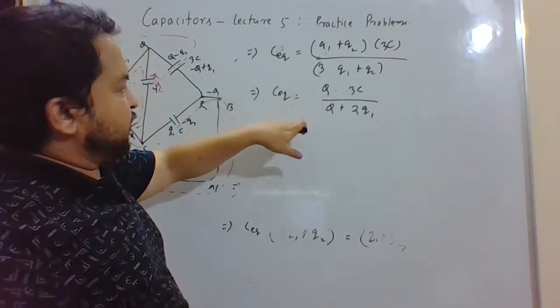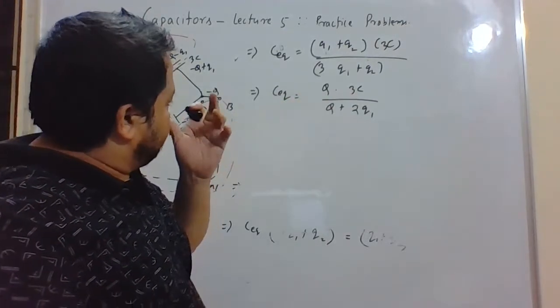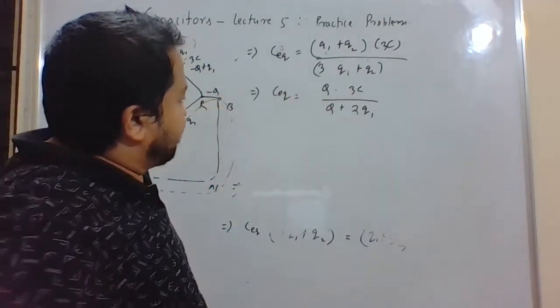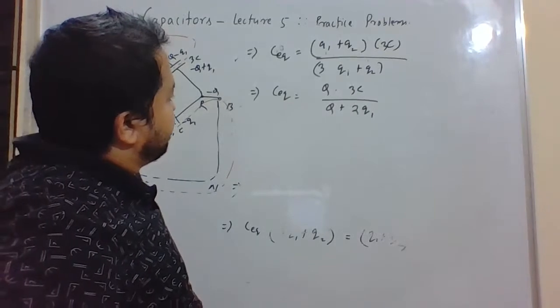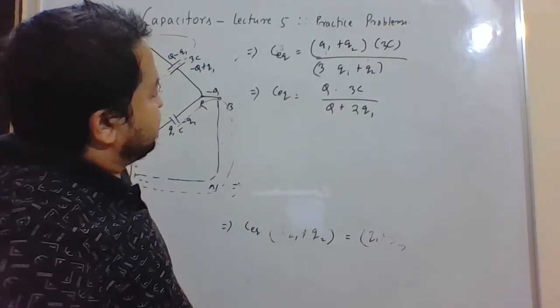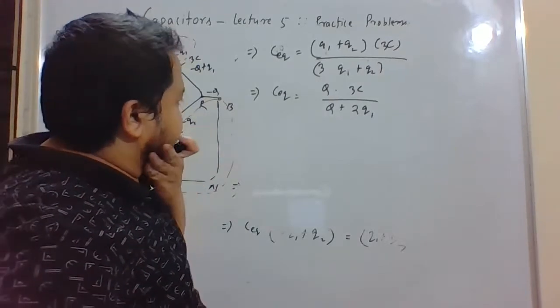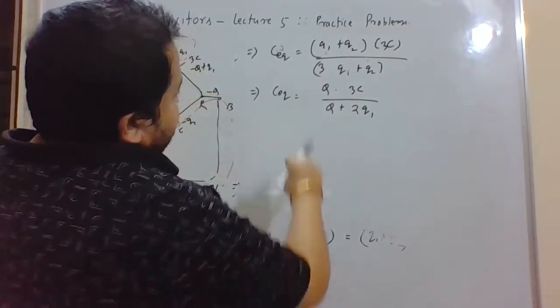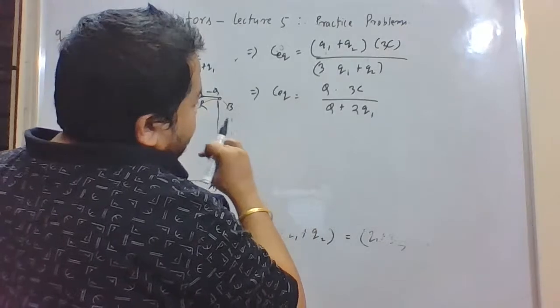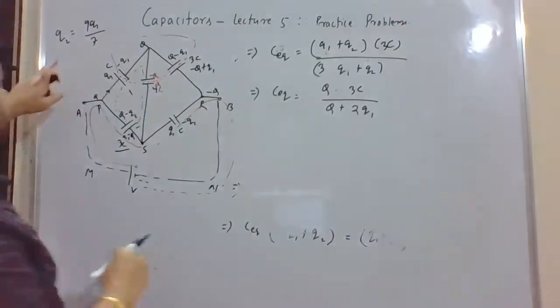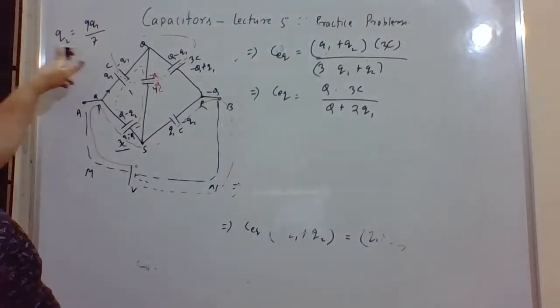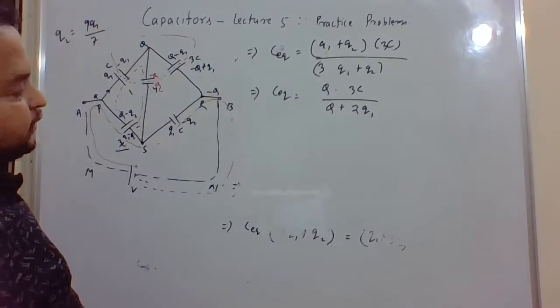C equivalent equals Q into 3C by Q plus 2Q1. So we need to solve this piece. So this Q can be said as, okay, this is 2Q1. So what was our other thing? Q2 equals 9Q1 by 7.